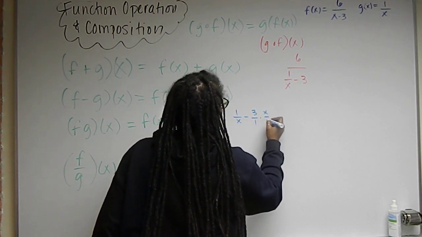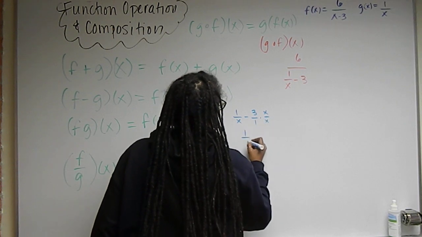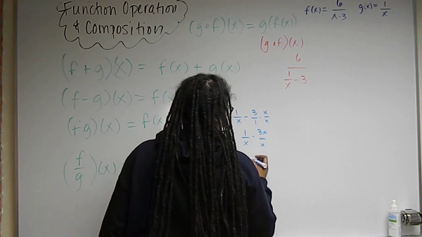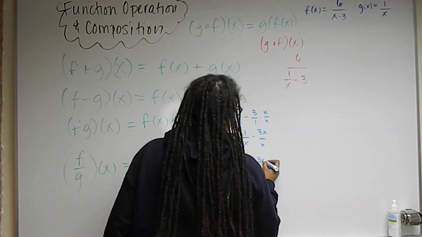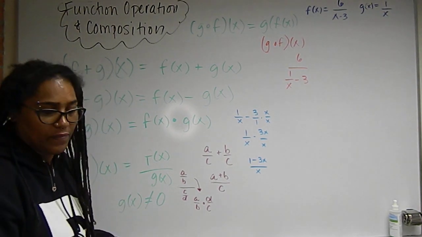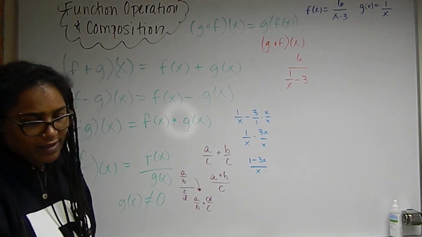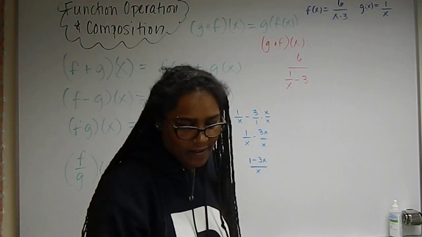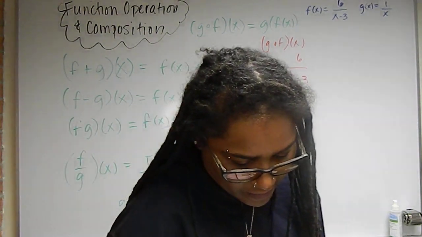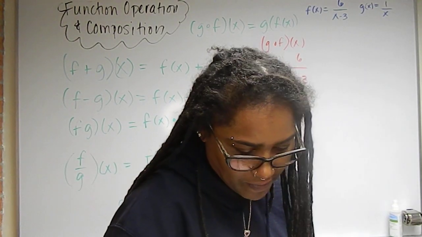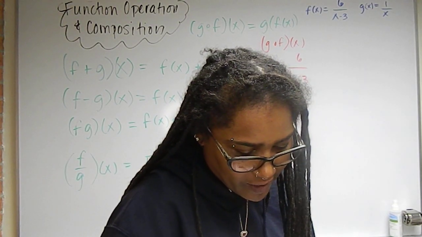Gotta find common denominator, right? So 1 over x minus 3x over x. So then I have 1 minus 3x over x. Right? I feel like I did this, y'all. Why do I feel like I already did this? Did I do it backwards?